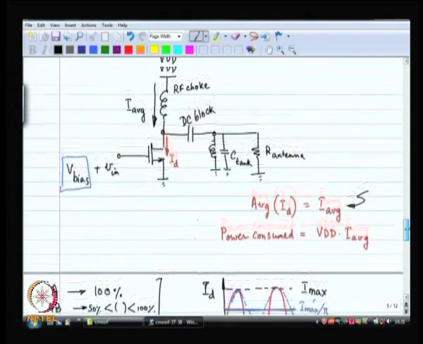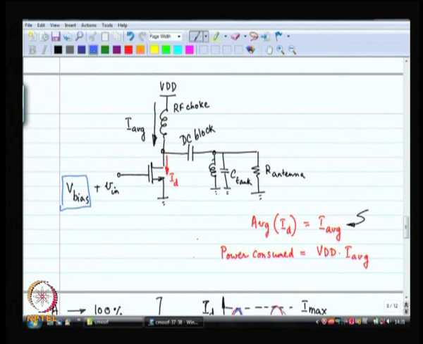So, this is the current that is coming through the DC block, and naturally this is the current that is coming from the load, because at all other frequencies the tank is eliminating the current on the load.